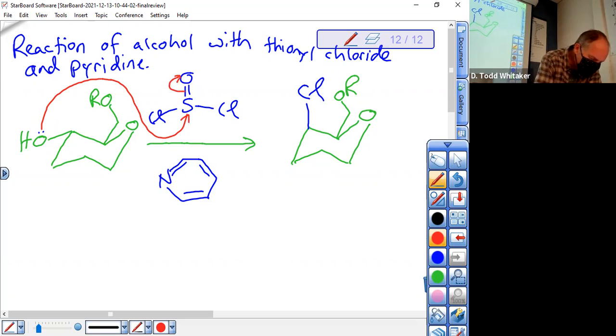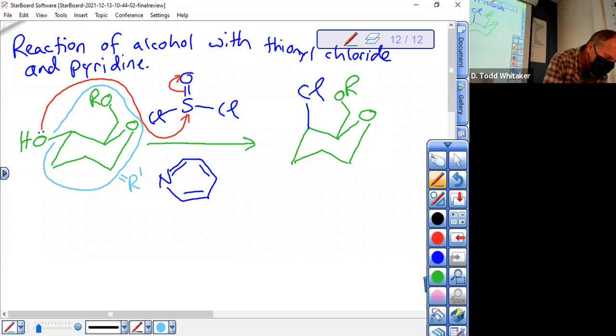And I think I can save some time in this mechanism until the very end, have this be another R group, but I used R already, call it R prime. So you're going to have R prime attached to an O that still has an H and now has a bond to sulfur with an O minus and 2 Cl.